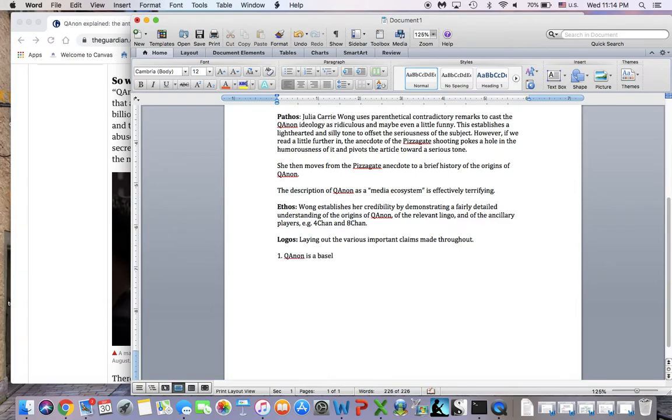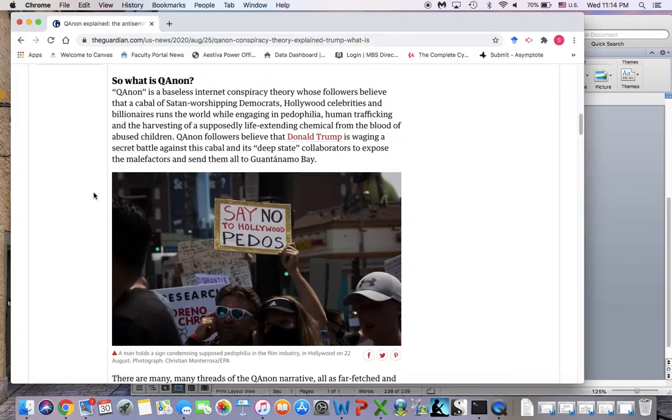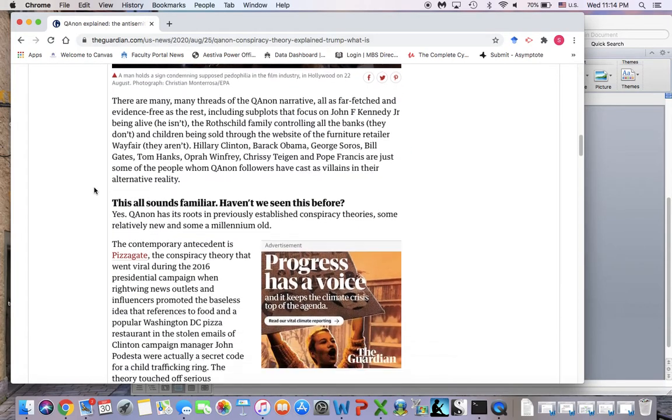QAnon is a baseless conspiracy theory that traffics in wild, evidence-free ideology. Okay, so I'm trying to summarize what all they're saying so I don't have a massive one. That's basically what they're saying up here. Okay.